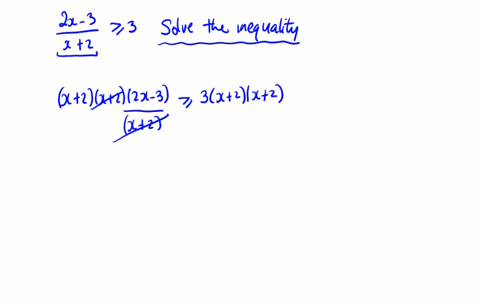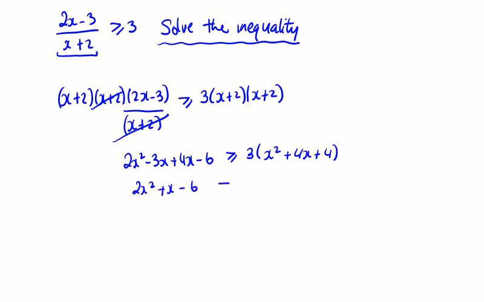So on the left hand side, we're going to have 2x squared minus 3x plus 4x minus 6. And on the right hand side, we're going to have 3 times x squared plus 4x plus 4. So we're going to get 2x squared plus x minus 6 greater than or equal to 3x squared plus 12x plus 12.